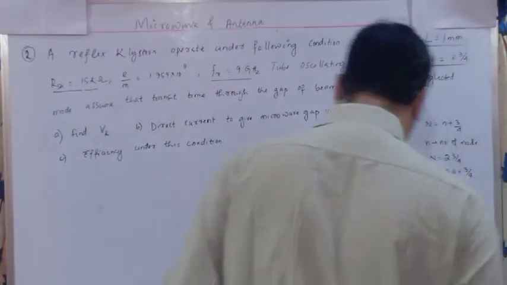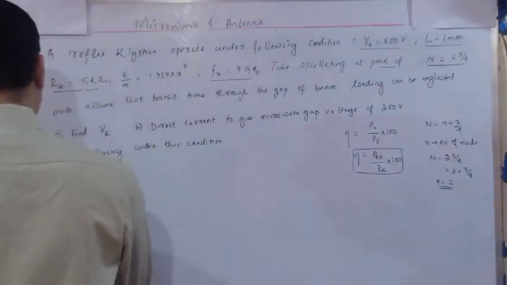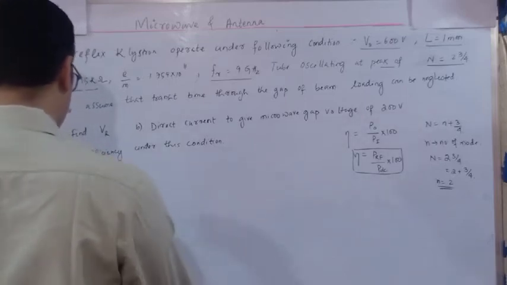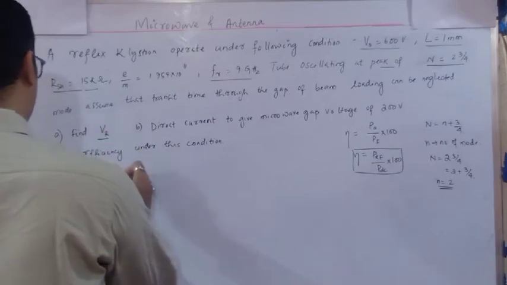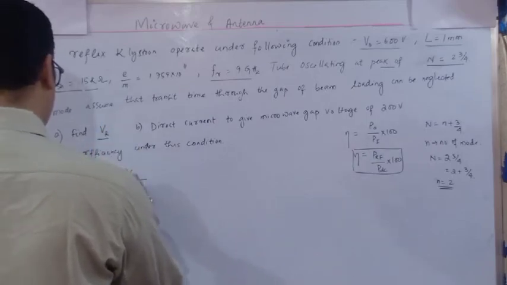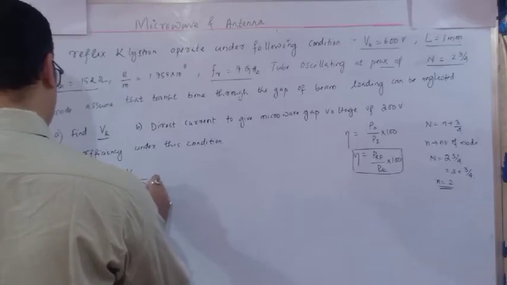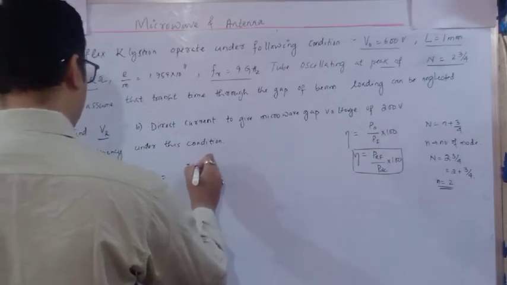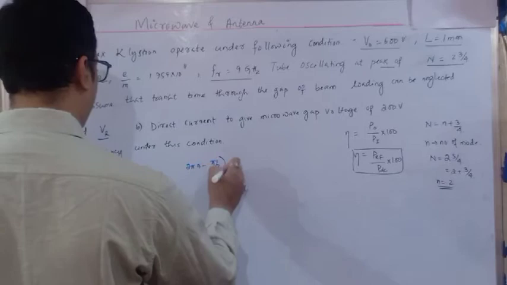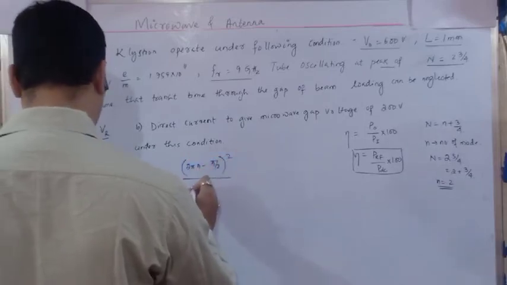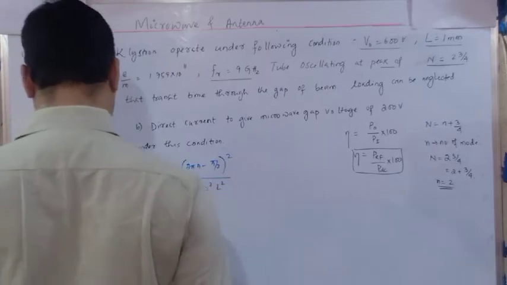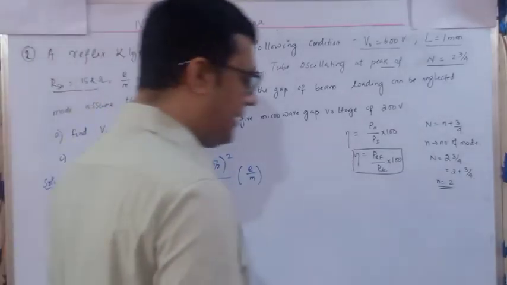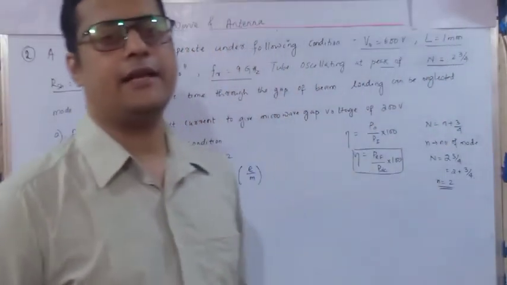So step by step we will see. First, in order to determine the repeller voltage, I am using the relation (V naught plus VR) whole square is equal to (2 pi n minus pi by 2) whole square divided by 8 omega square L square, whole into E by M. This ratio we already derived while determining the velocity modulation.